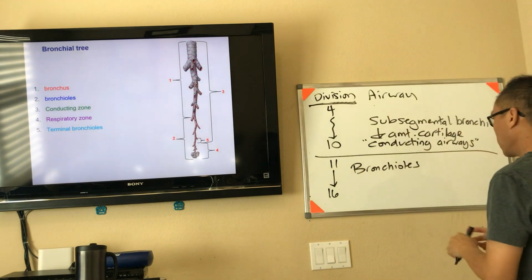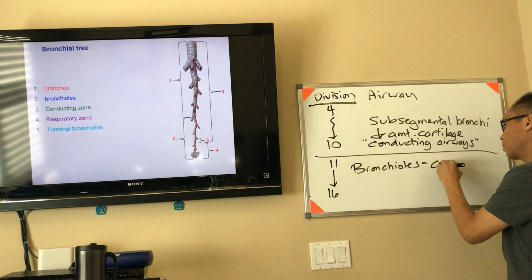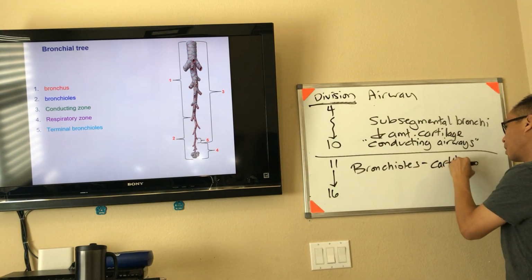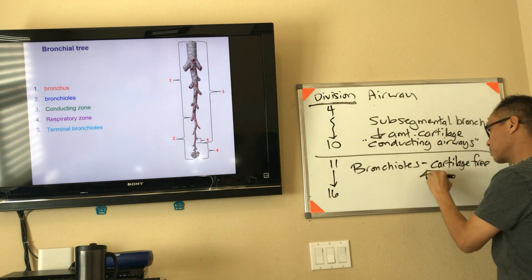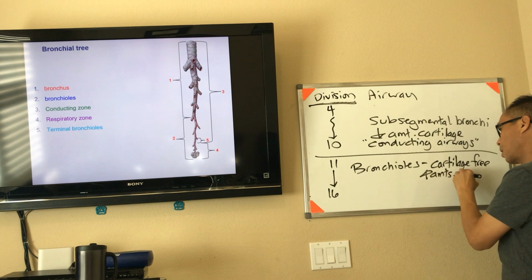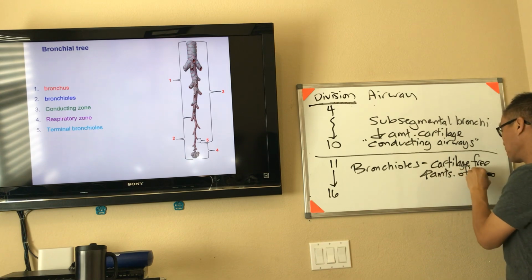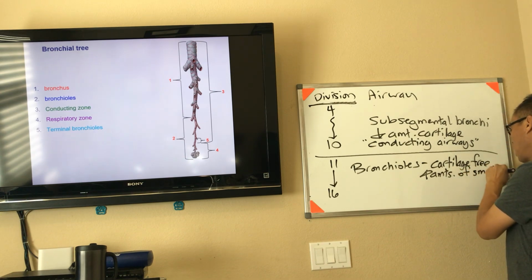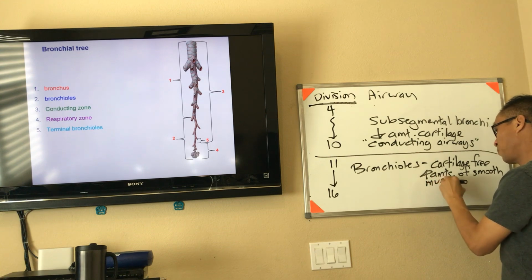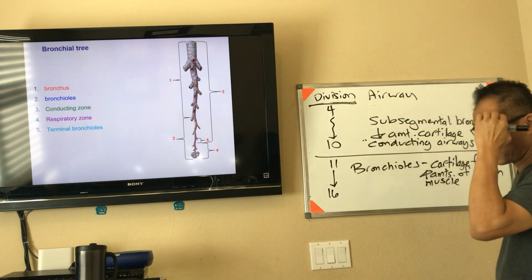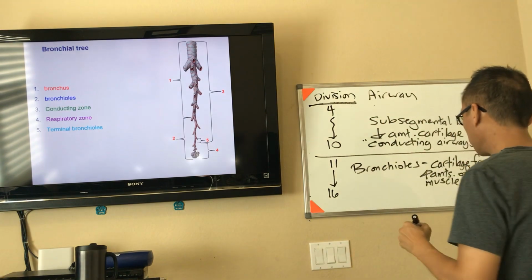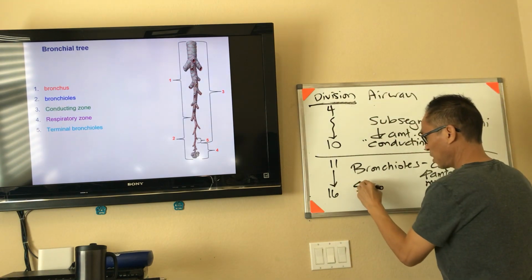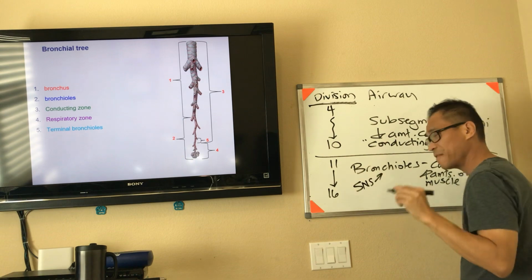But the bronchioles, they're cartilage free, no cartilage. And you have increasing amounts of smooth muscle. Now, smooth muscle can be controlled by the autonomic nervous system. So the sympathetic nervous system, the SNS, it can bronchodilate.